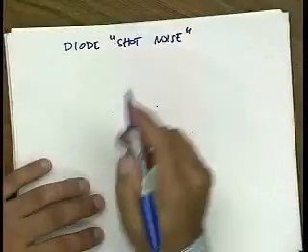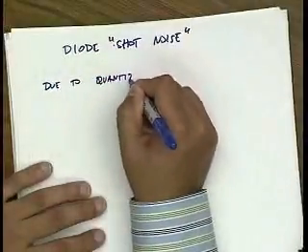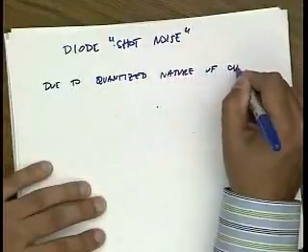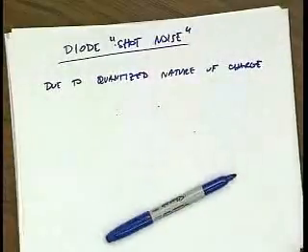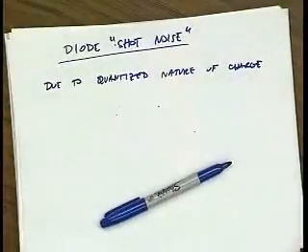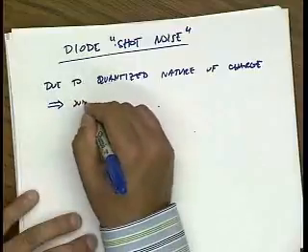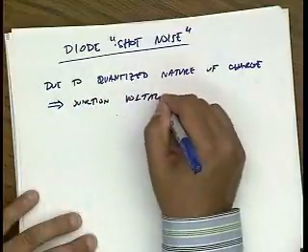Basically, it's due to the quantized nature of charge. In other words, when current flows in a diode, we have carriers crossing a junction. So it's important that we outline here that you have a junction, so a voltage potential.